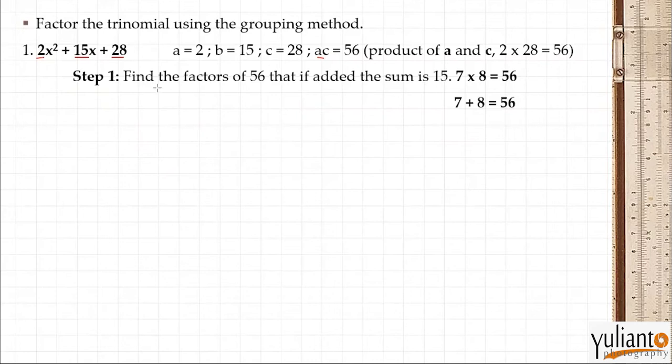So for our step 1, we are going to find the factors of ac. From our previous classes, we were to find the factors of c. Now we find the factors of ac that if added, the sum is 15, which is our b.